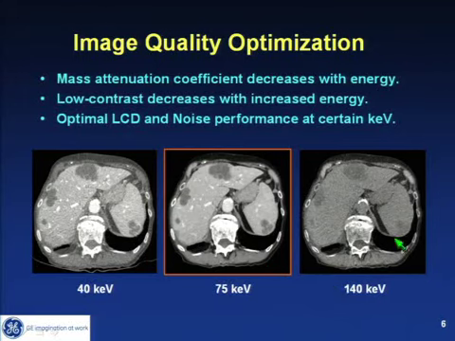There is an optimum point where, based on the mathematics, because you're weighting two random samples, you achieve the best noise, and you also haven't sacrificed too much low contrast detectability. So for every examination, there's an optimum range of keV where you want to set your monoenergetic projections. The typical range is between 70 to 80 keV.